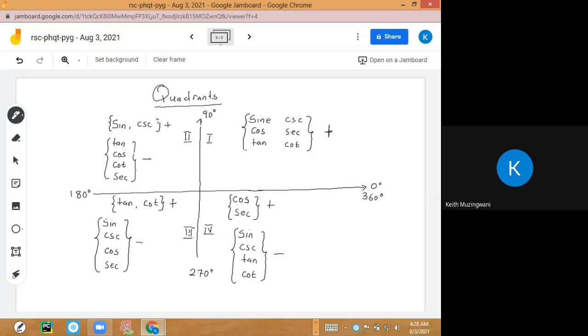But if you go beyond 180 to 360, you get negatives for sine. Now, sine and cosec are related. Sec and cos are related. So we are saying only the sine and cos, these two guys are not directly related.